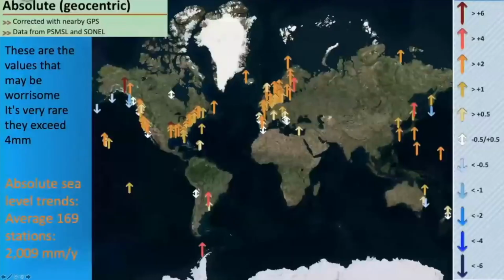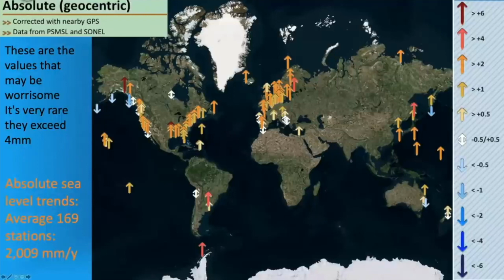Here you have a general view of the world, and you can see that sea level in relation to the center of the Earth, geocentric, the real eustatic changes, not discounting the land movements, they are quite rare, above 2 or even at least 4 millimeters per year.